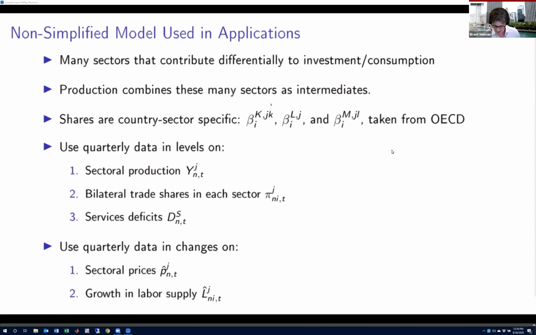So here you can see that instead of just having some particular capital share that applies everywhere and always, in the actual paper there will be a capital share that's specific to country I and specific to sector J and specific to the type of capital K. In other words, we'll be able to take into account that there might be a different capital or labor or intermediate input share in the production of structures, which is one particular type of capital, in Mexico, compared to equipment, which is a different type of capital, in the production of a different sector in Japan.